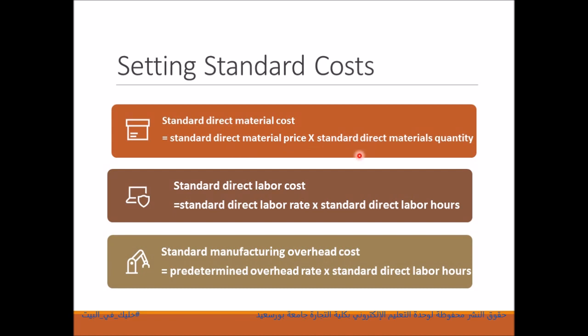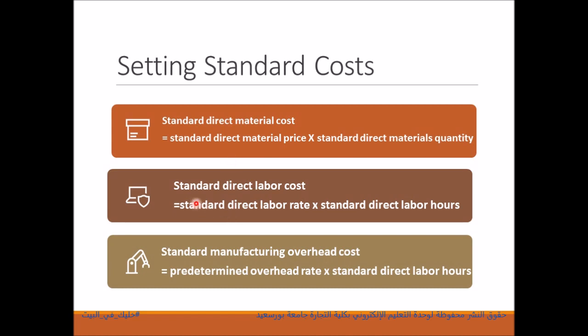In setting the standard quantity of raw material required to produce a single product unit, we need to consider or allow for waste and spoilage, in addition to the material required to produce a single product unit. And in setting standard price per direct material unit, we need to consider purchasing price, freight costs, and receiving and handling costs.